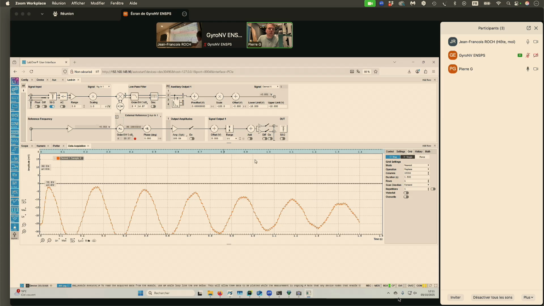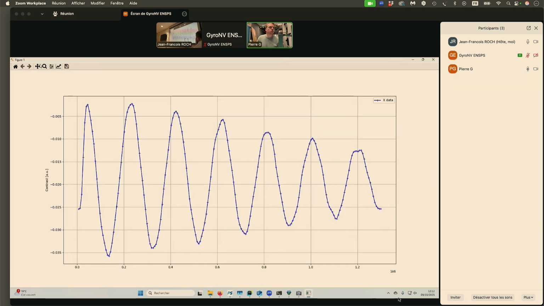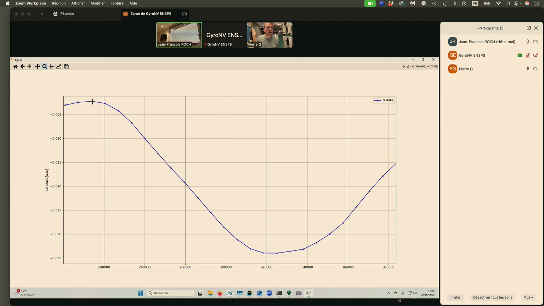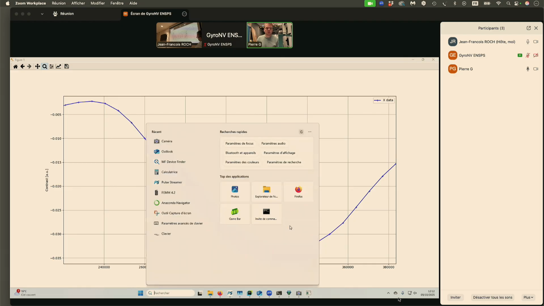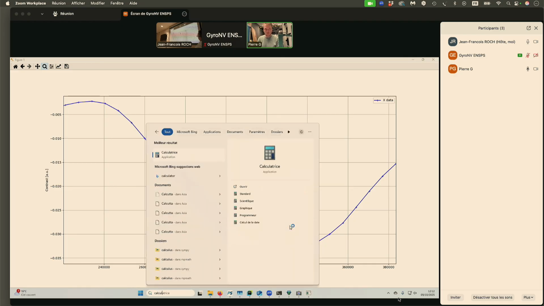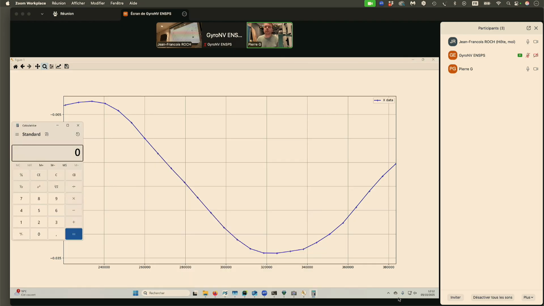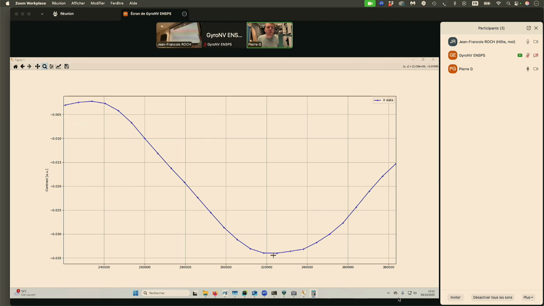Okay, so I've done only one acquisition, and this is the result. I can quickly measure the time between what we call the pulse time.